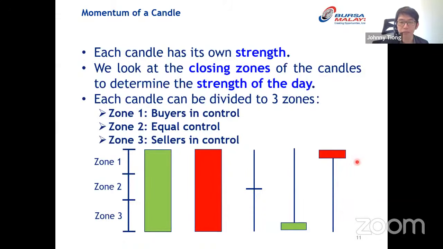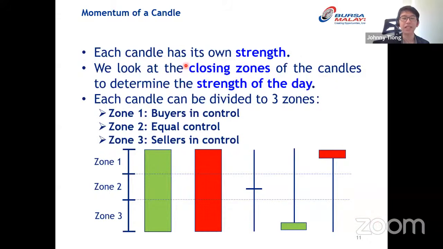I have some illustration here. There are 5 types of candle. The first one is a bullish candle, the second one is a bearish candle, the third one is a doji, the fourth one is a bullish candle, and the fifth one is a bearish candle. From these candles, we take the highest and the lowest point and divide by 3 equally. Then we can see the 3 zones: zone 1, zone 2 and zone 3.